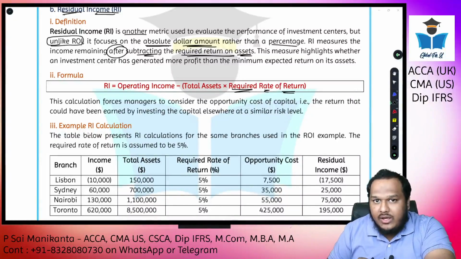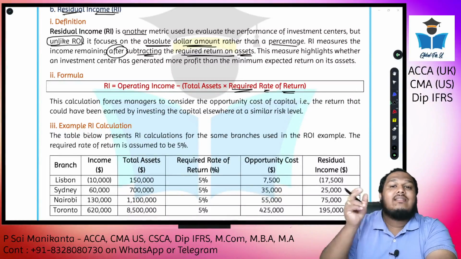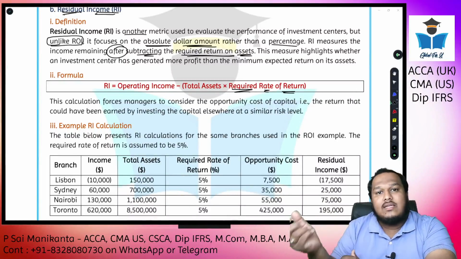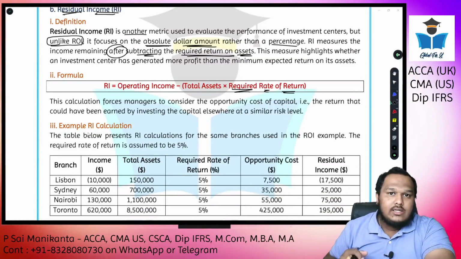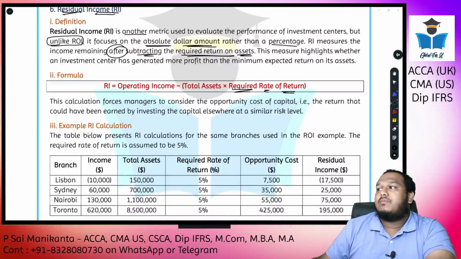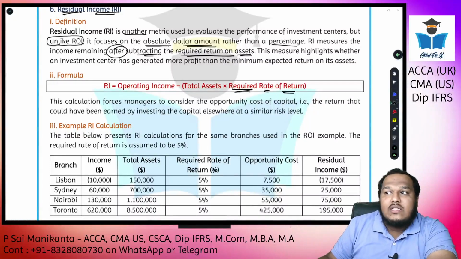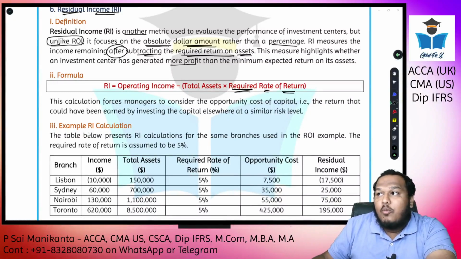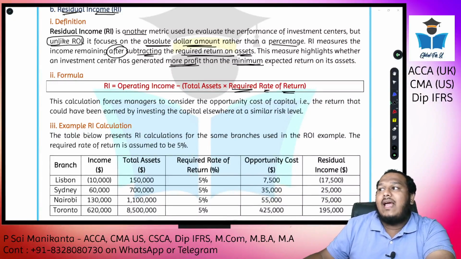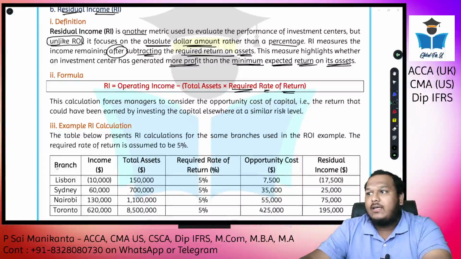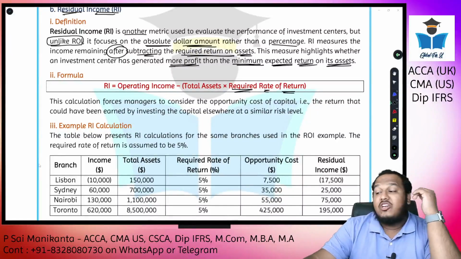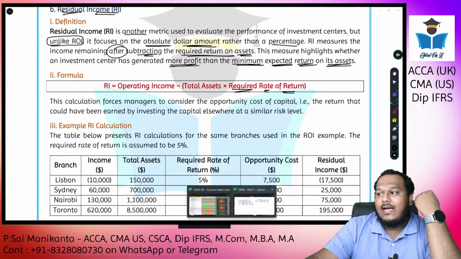This measure highlights whether an investment center has generated more profit than the minimum expected return on its assets. What is the minimum expected? And did that particular unit generate more than that or less than that?